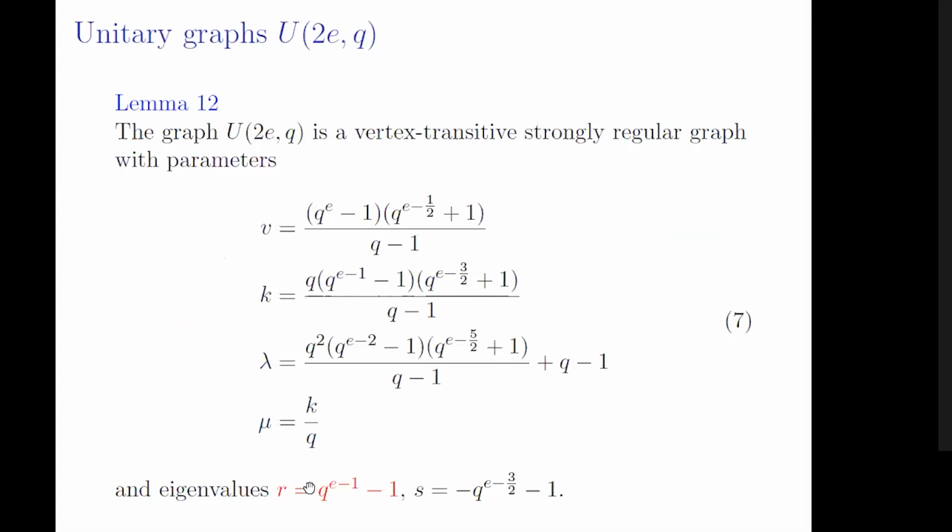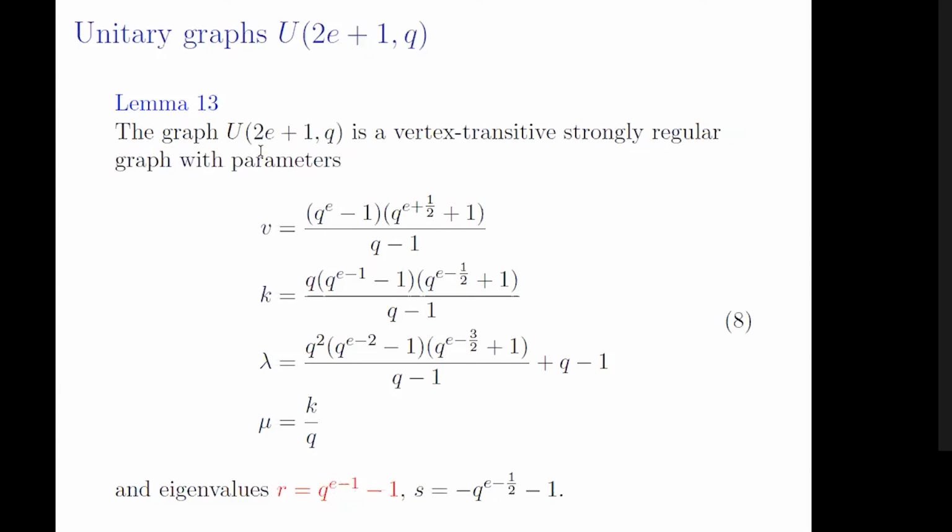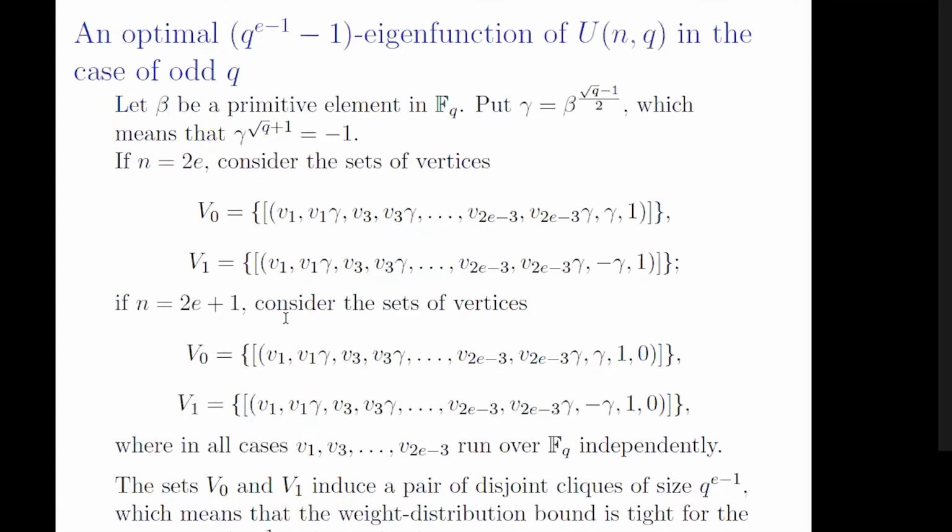Let us note that the eigenvalue is q^(e-1) minus 1, and if we consider the case 2e plus 1, we get a strongly regular graph with some other parameters, but in terms of e, the eigenvalue r will be the same. And let me conclude my talk with two constructions of optimal q^(e-1) minus 1 eigenfunctions of unitary graphs.